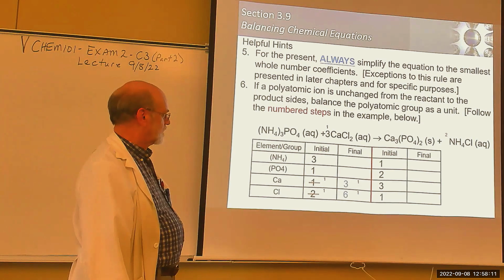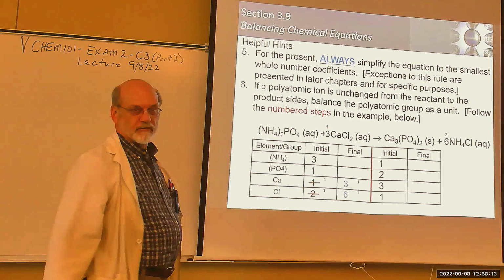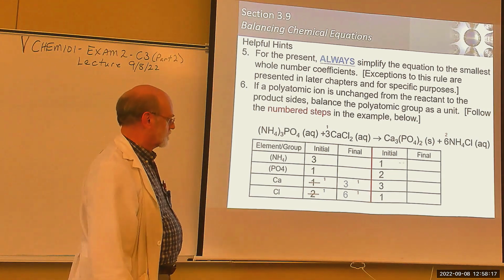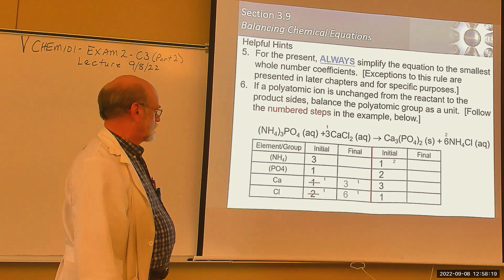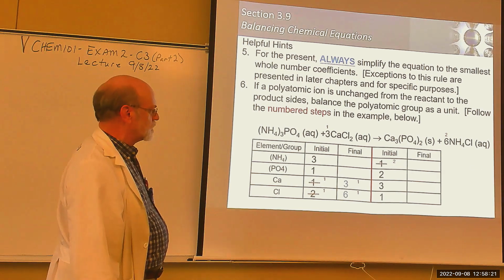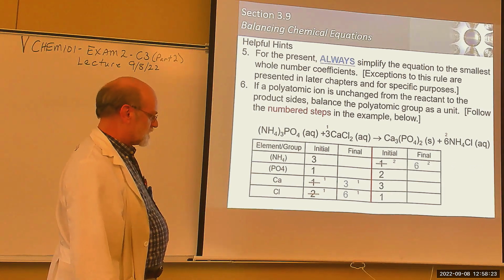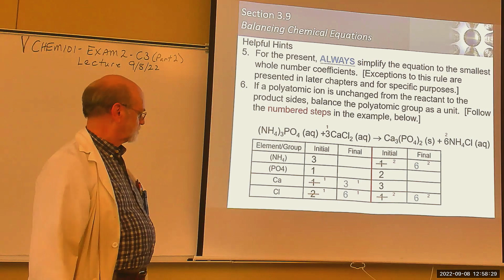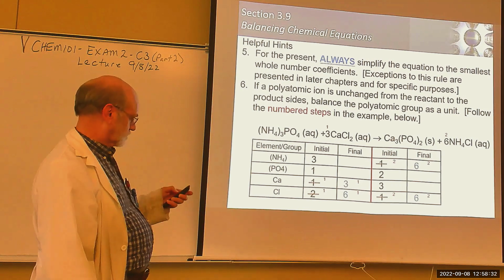So 6 there, and then put a 6 over there. Okay. And then we need to re-inventory it, of course. So now we've changed the ammoniums to 6 ammoniums and 6 chlorines. Okay, we're getting closer.